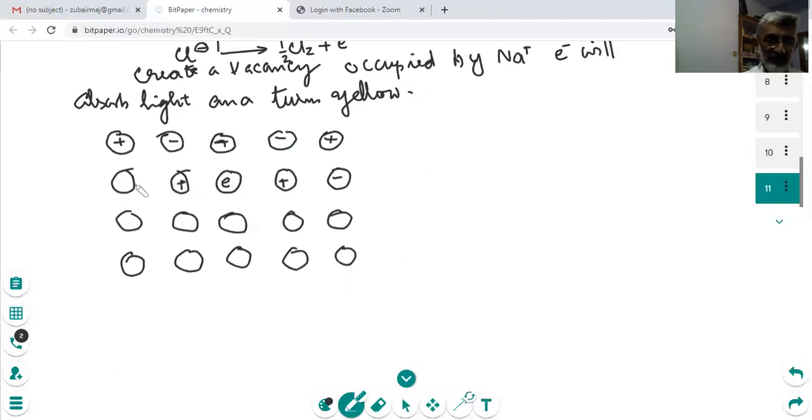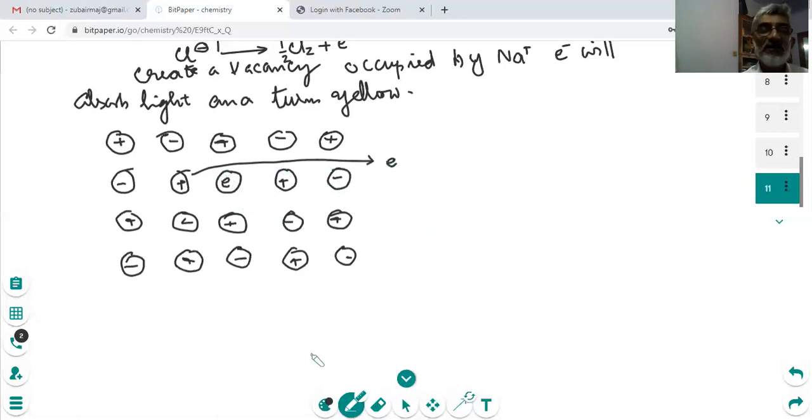Then plus, minus, plus minus, plus minus, plus, and again minus, plus, minus, plus, minus. So here is the electron, occupying the place of chloride.